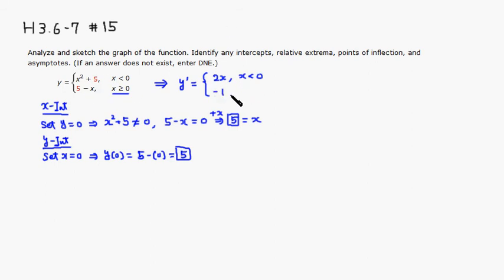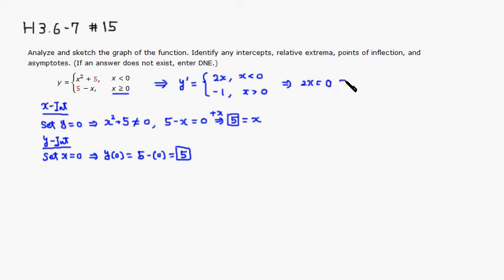You have x is greater than 0. So you have this, and you want to set that equal to 0, and set that right equal to 0 to find a critical number. You can see that the -1 is never 0, so we set the 2x equal to 0.